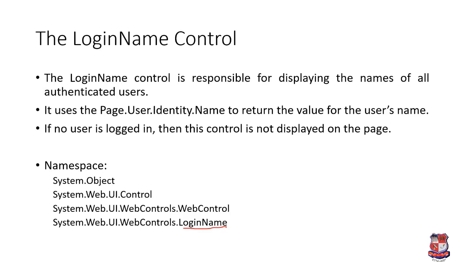The only non-inherited property is FormatString, which is used to display the format item string in the login name control. So over here, in the login name control, properties, events, and methods are not available.